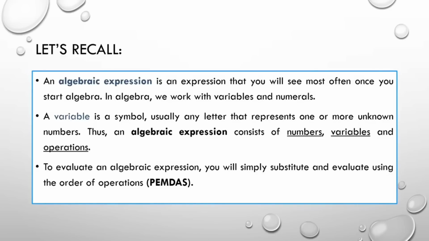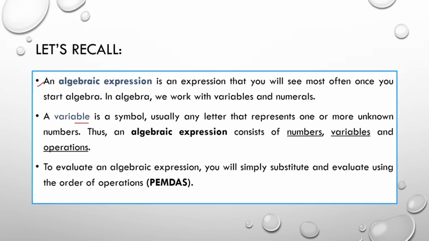Before we start, let us recall what is an algebraic expression. An algebraic expression is an expression that you will see most often once you start algebra. In algebra, we work with variables and numerals.